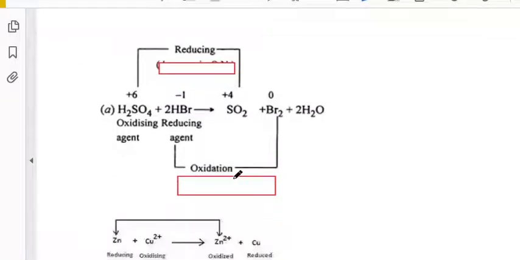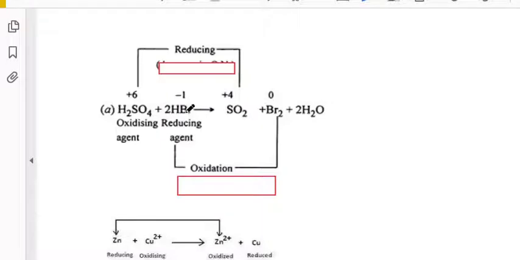Another example, see, there is H2SO4, sulfuric acid, and hydrogen bromide. In this, there is SO4 and hydrogen is joined with it. See, in SO2 there were 4 oxygens with sulfur, now there are only 2 oxygens with sulfur. It means the number of oxygens is decreasing, so it is called reduction.